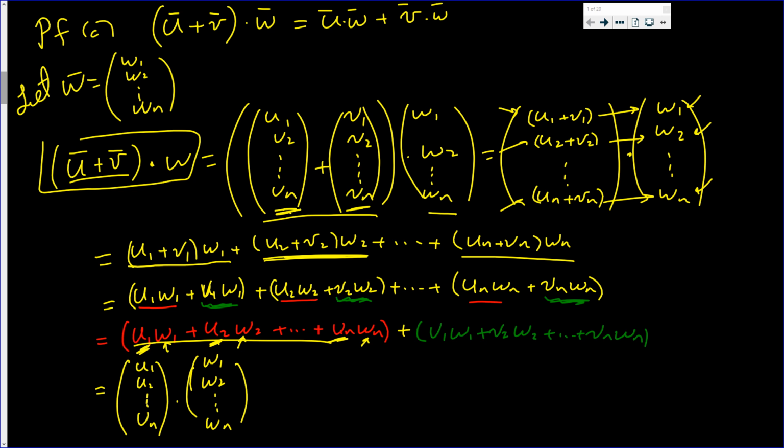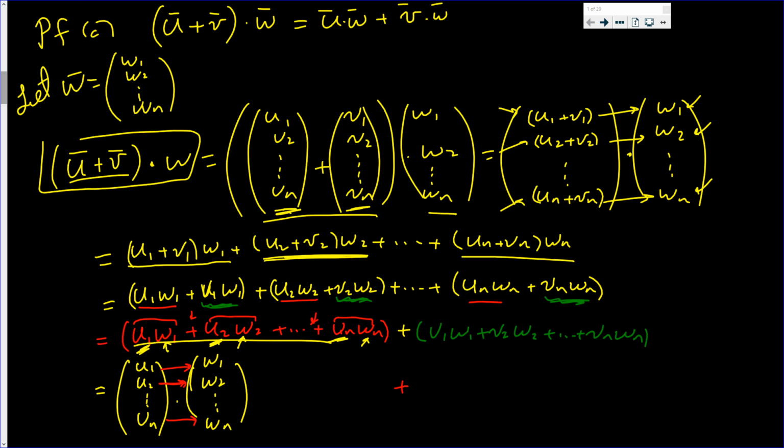Let's verify it. Maybe I made a silly mistake. You multiply those two, you really do get u1 w1. Plus, there's the plus, multiply these two, u2 w2, all the way down to plus un wn. Got it.